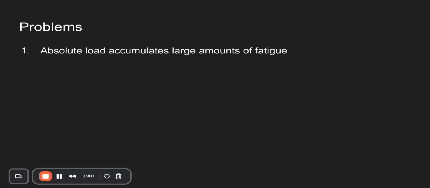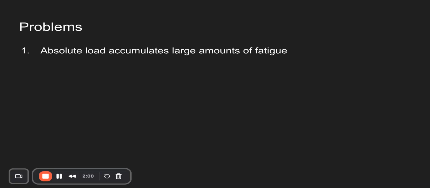Now, what are the problems with this? Well, absolute load accumulates a lot of fatigue. So that means as athletes are training and are trying to get absolute load, there are times throughout the year that we don't want them to accumulate a lot of fatigue. That would be in season, coming off a season, coming off an injury.